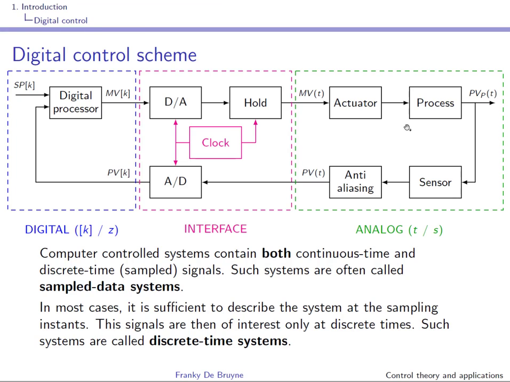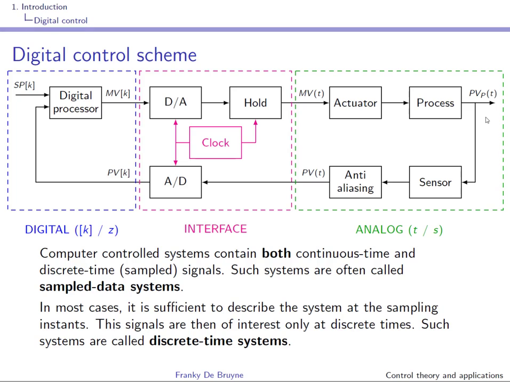But in the sequel, what we'll do is neglect the influence of the actuator or assume that the actuator dynamics are included in the process. The process has an output PVP. We use PVP here to distinguish it from PV that comes after the sensor and the anti-aliasing filter. So PVP is the actual process output.